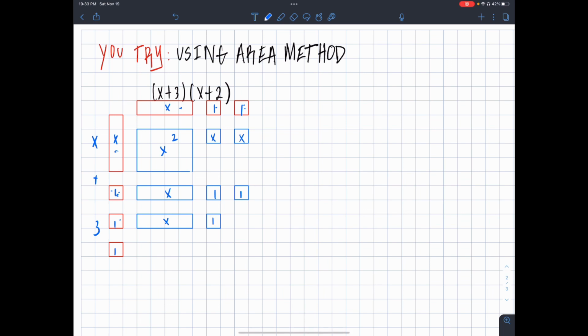Which I'll write in a bit here. 1. 1 times 1, 1. 1 times x, x. 1 times 1, 1. And our last little box right here. 1 times 1 is 1.